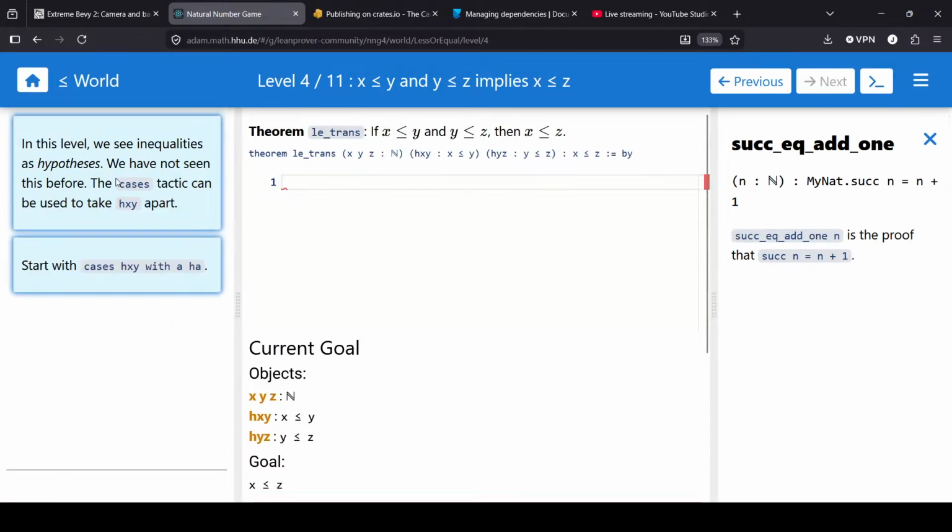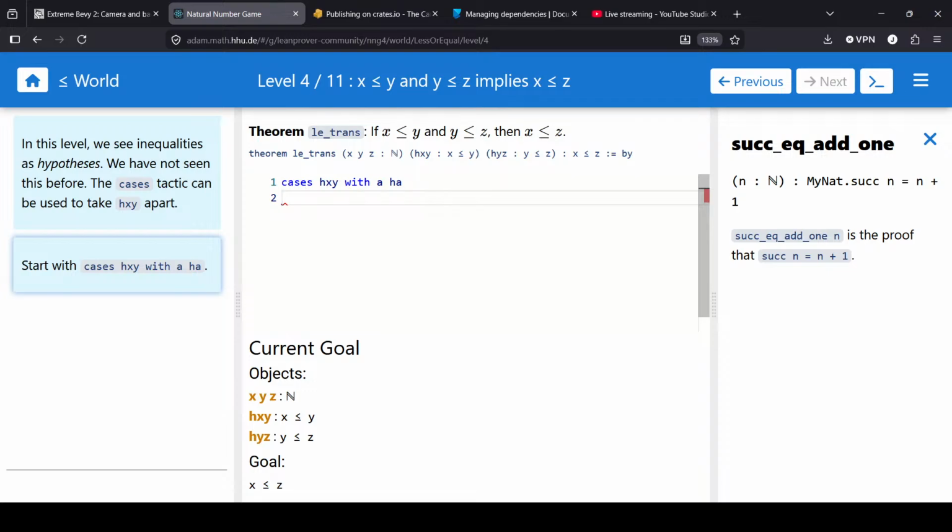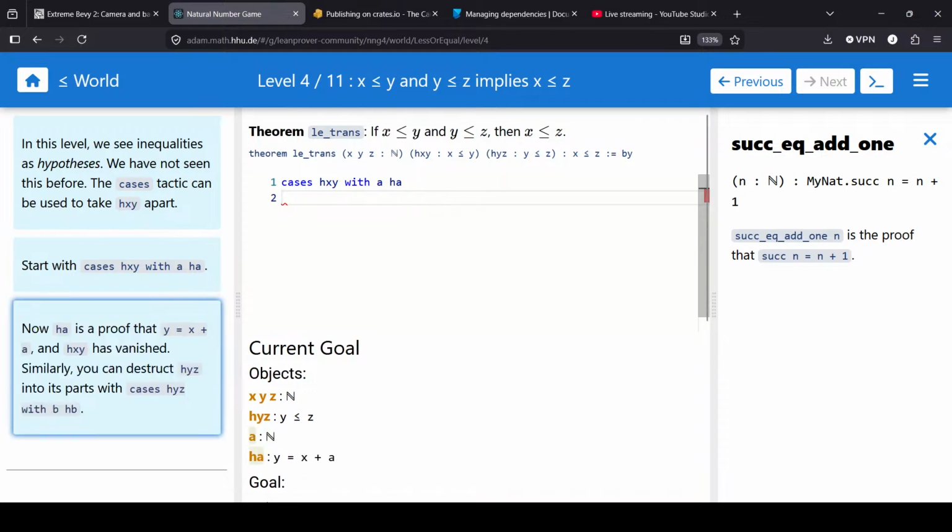In this level, we see inequalities as hypotheses. We have not seen this before. The cases tactic can be used to take hxy apart. Start with cases hxy with a ha. Man, I do not remember how cases works. So hxy is u, but we take it apart with cases.